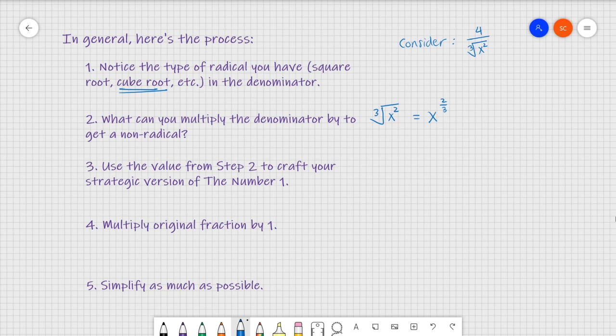Now I want to think about x to the 2/3. I need to multiply that by something in order to get something that is not a radical, so really like x to the 1st. So think here for a second. When I multiply with the same base, remember I need to add the exponents.